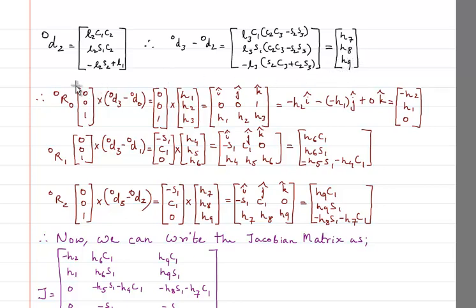Now I will do the cross product. The cross product is going to be in this format: 0, 0, 1 multiplied with h1, h2, h3. We all know how to do the cross product. So i into (0 times h3 minus 1 times h2) will be minus h2 i. Then j into (0 times h3 minus 1 times h1) gives minus h1, so with the sign it becomes plus h1.